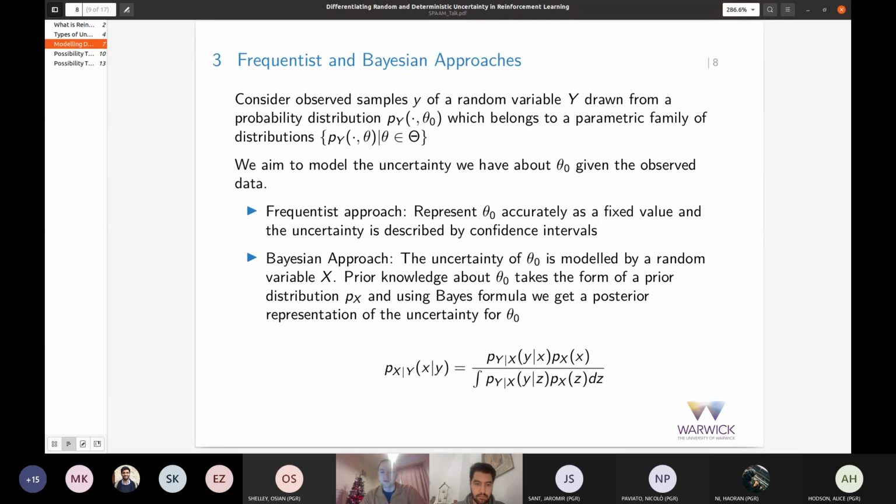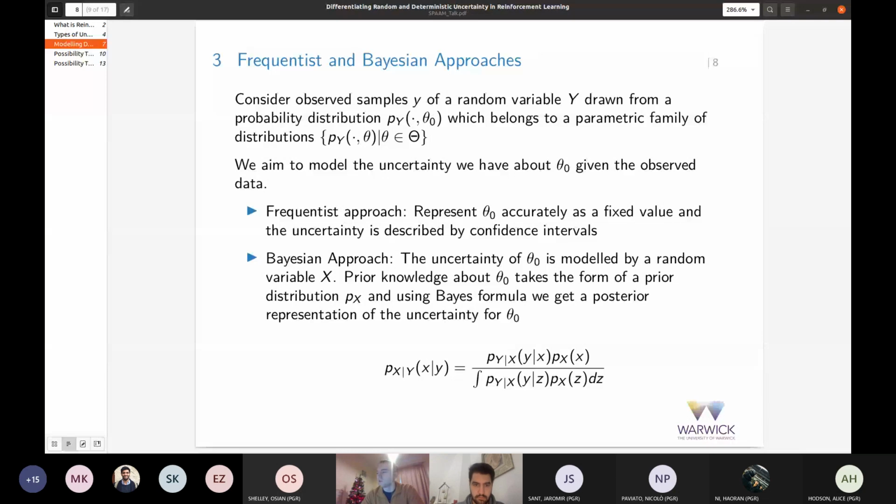The frequentist approach represents theta naught accurately as a fixed value, and uncertainty is described by confidence intervals, which is good because theta naught is being represented faithfully and everything's relatively easy to compute. But the bad thing is that we don't have a full characterization of the uncertainty. We don't know how the uncertainty is distributed.